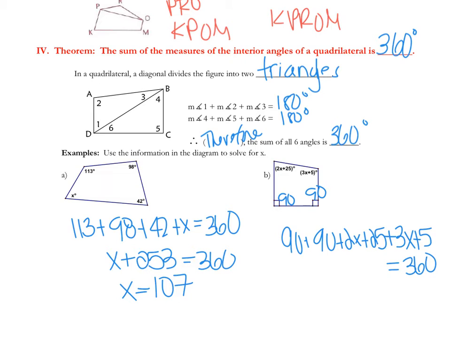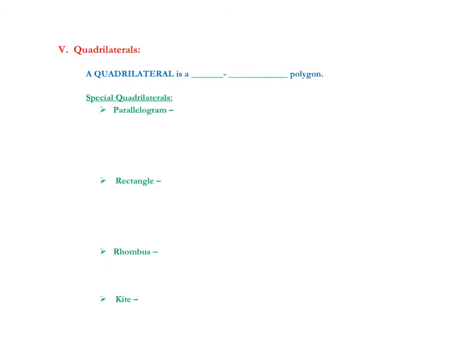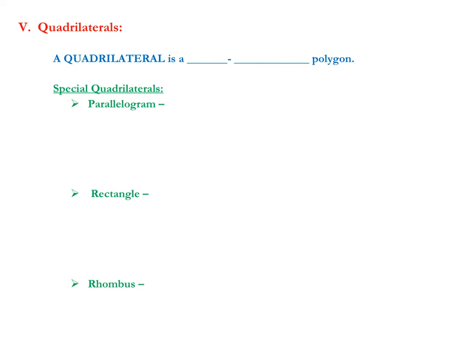Okay. All right, next page of notes. Now we're going to start talking about special quadrilaterals. Remember that a quadrilateral is a four-sided polygon, but there are special types of quadrilaterals. The first is a parallelogram.